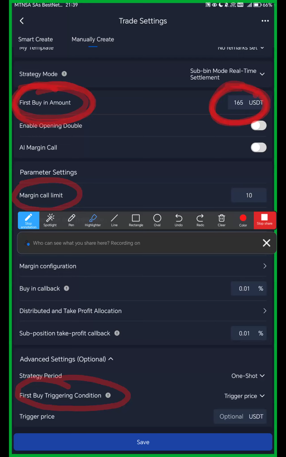That's why signals tell you, if you see this signal after 3 minutes, don't trade. Entering positions matters in the market. I hope you are following. So the MACD indicator does not help you to buy your margin calls. It only helps you to enter the market the first time with your first buy-in amount.